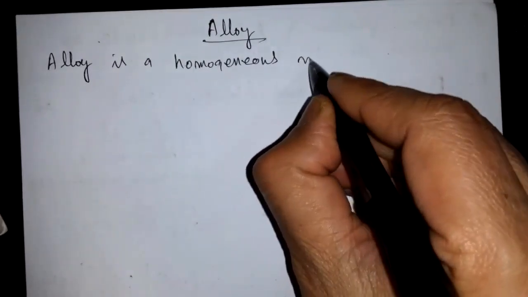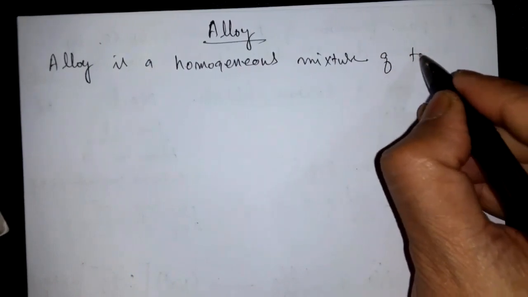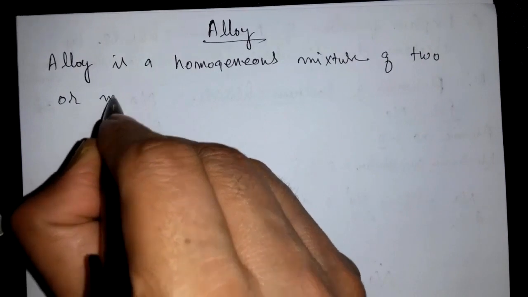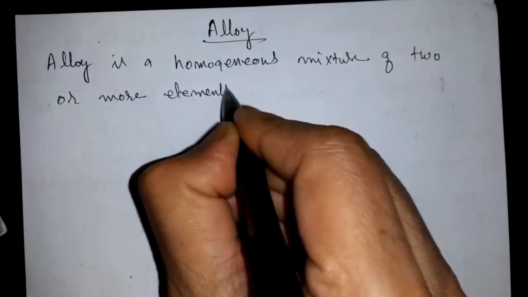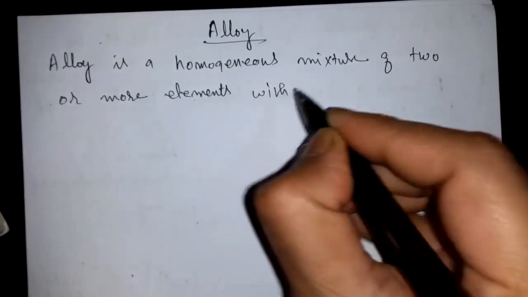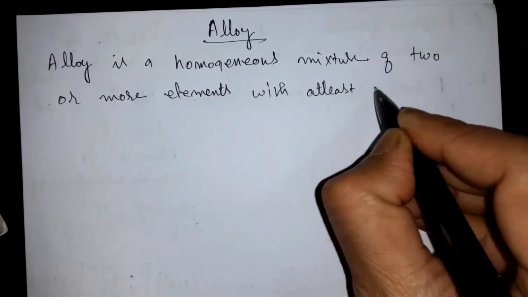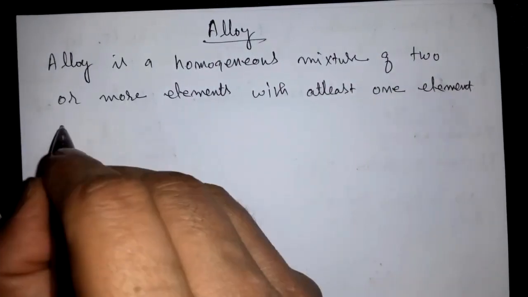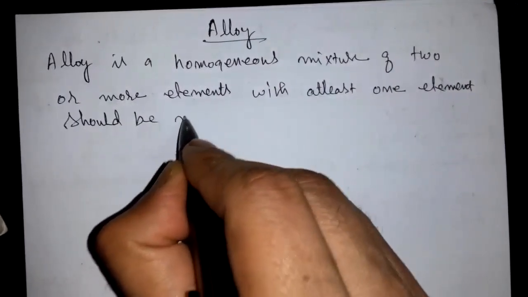An alloy is a homogeneous mixture of two or more elements with at least one element being a metal.